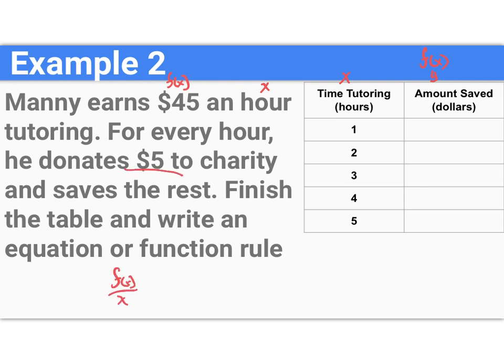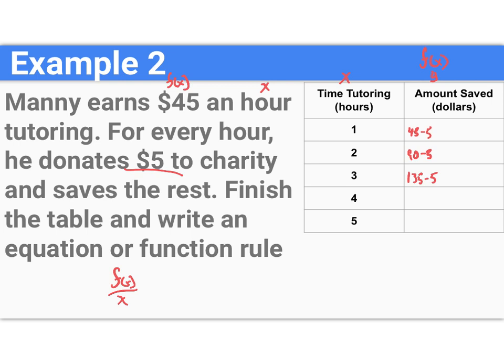But then we give $5 to charity. So what happens? We take 45 minus 5, and then the second hour is 2 times 45, which is 90, but then he gives $5 to charity. Then for 3 hours it's $135 minus $5 for charity.